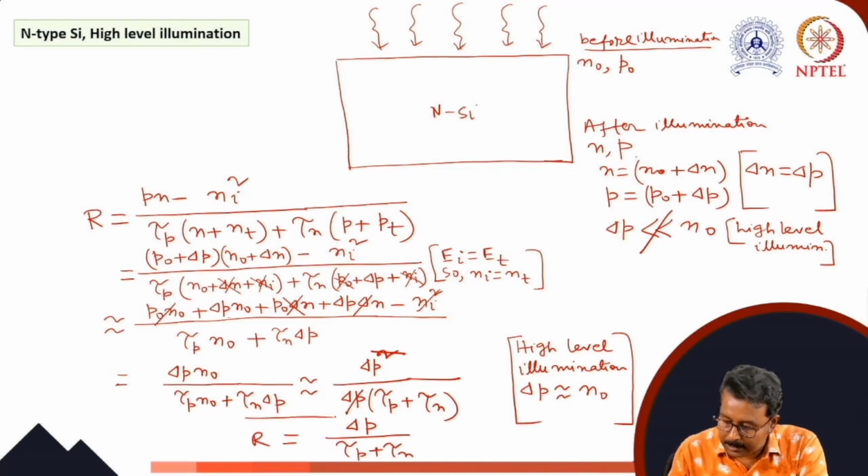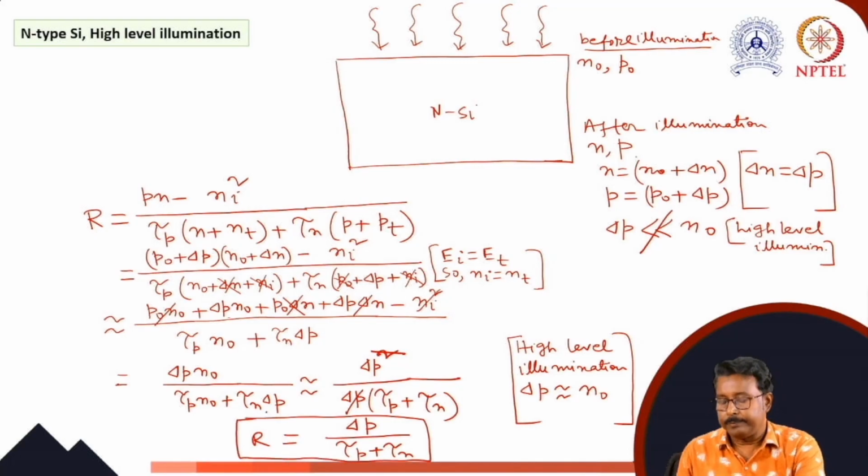That is R, the rate. The difference from the earlier case is that it was delta P by tau P in case of low level illumination, but here it is delta P by tau P plus tau N. That means the carrier lifetime of minority carriers as well as the carrier lifetime of majority carriers both play an important role in the final recombination rate.